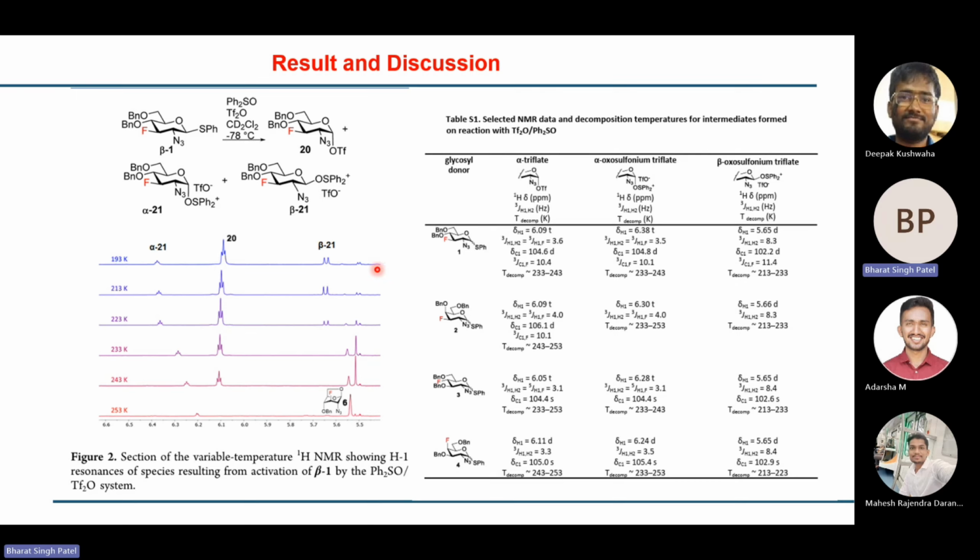At -78, all the intermediates were there, meaning this alpha triflate as well as this alpha sulfonyl and the beta one. As the temperature is increasing, initially whatever triflate there was, that cationic part will alter this alpha beta. Okay, I got your question, how this C6 is getting deprotected and then it's forming. Because I don't know, this is an OBn group, right? It is not as labile as any other.